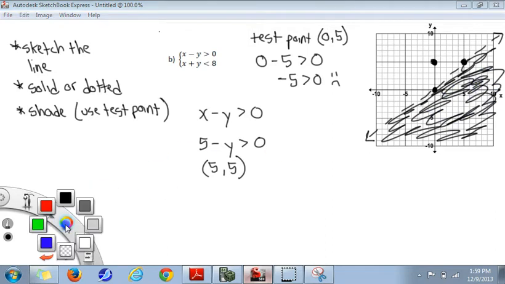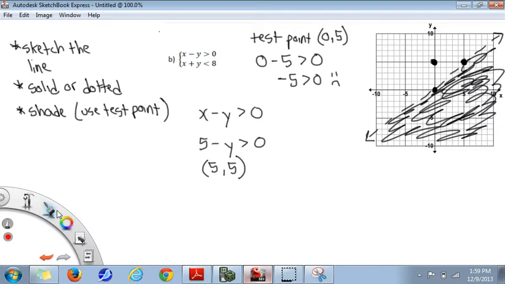And now let's repeat the process for the other equation. This time I can go ahead and use the intercept method since I've got a number over here that's not 0. I'll set up a small table. If x is 0, y would have to be 8. If y was 0, x would have to be 8. So I'll find 8 on the x-axis, 8 on the y-axis, and connect those 2 points using a dotted line.